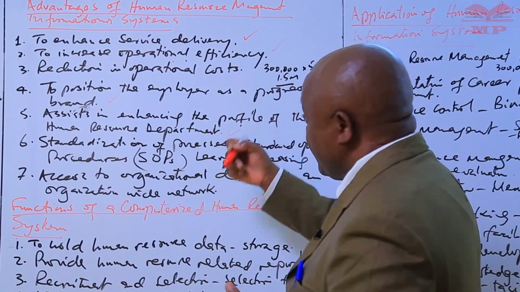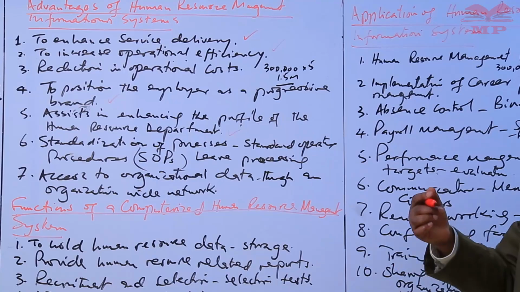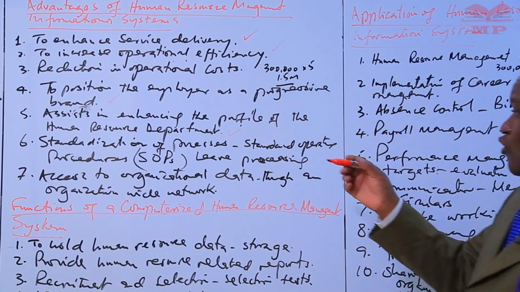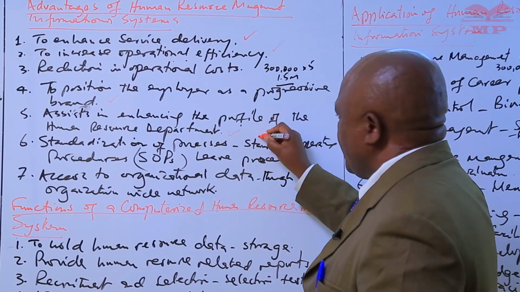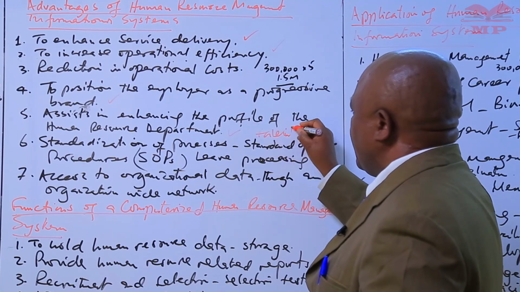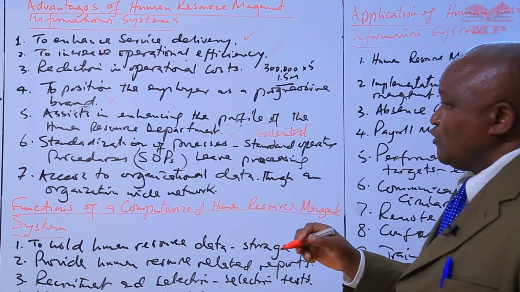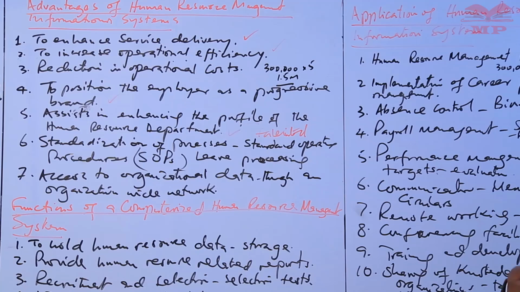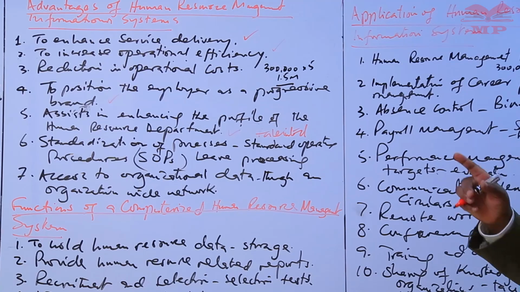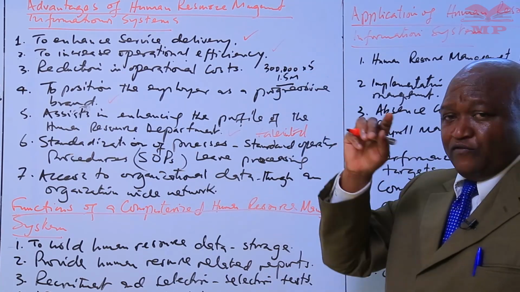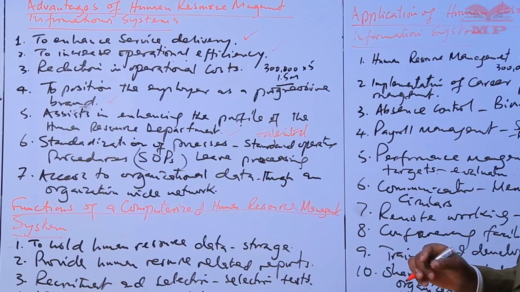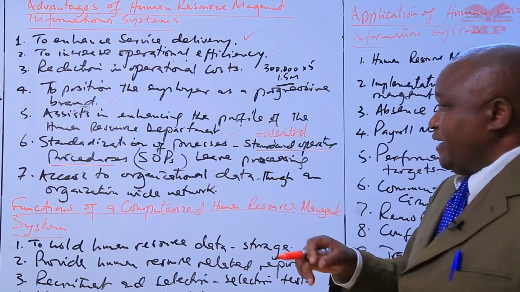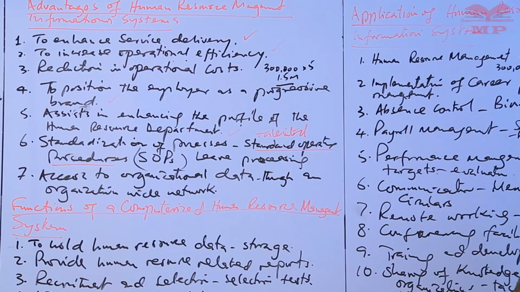So organizations that are seen to be using human resource management information systems can also be able to attract and even retain talented workers. So that again is another advantage. Then when it comes to standardized processes, organizations that adopt human resource management information systems can be able to have what you call standard operating procedures, SOPs, like in terms of, say, leave processing.